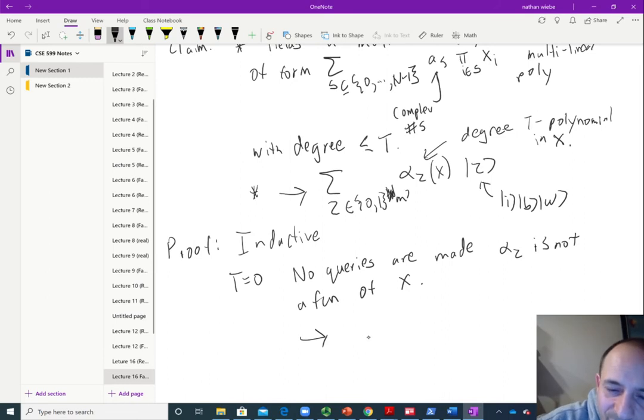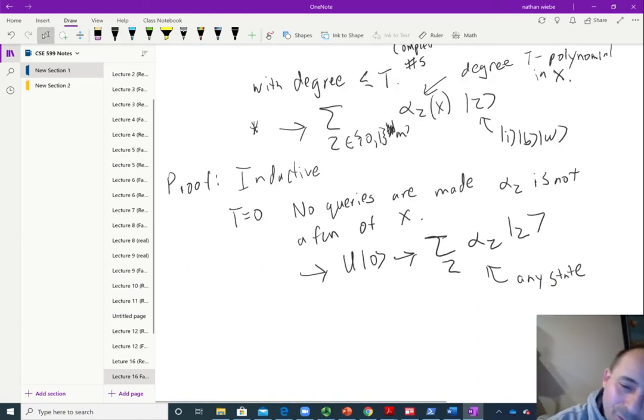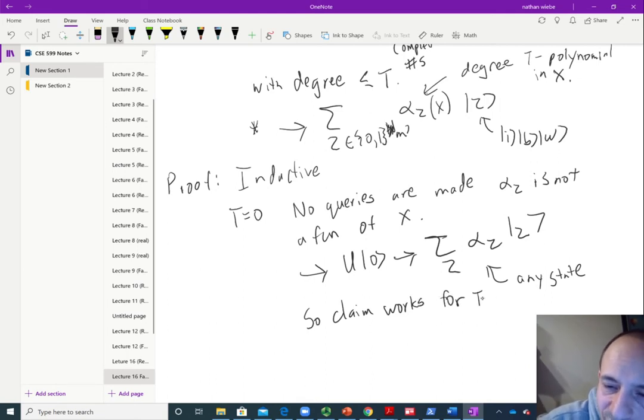Therefore, a circuit with an arbitrary unitary acting on 0 yields a state of the form sum of alpha z |z>, which isn't constrained whatsoever anymore, so this is literally any state. And so clearly any state can be written in this particular form. So the claim works for t equals 0. So this ends up working for the base case.